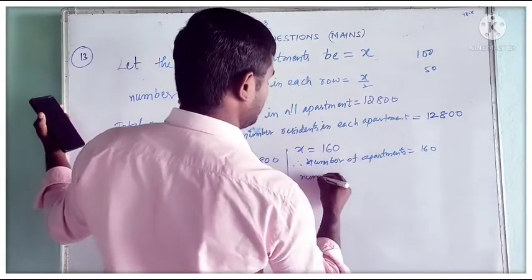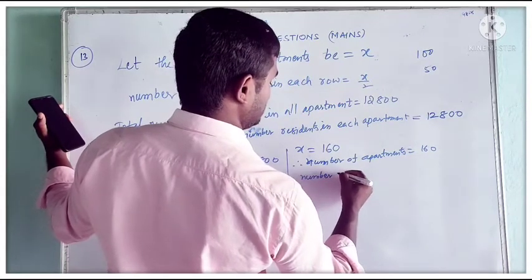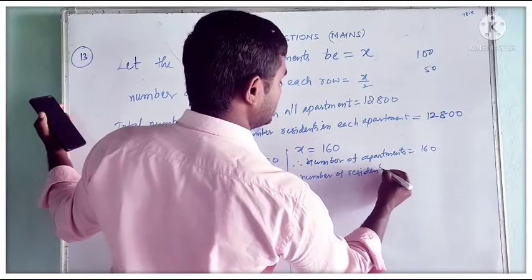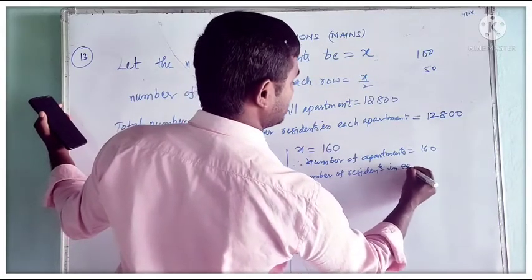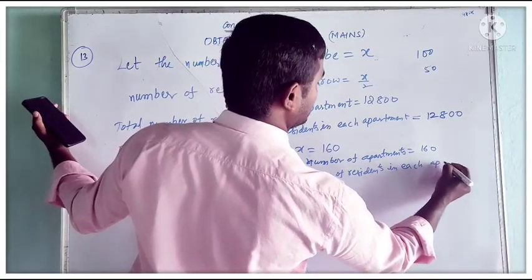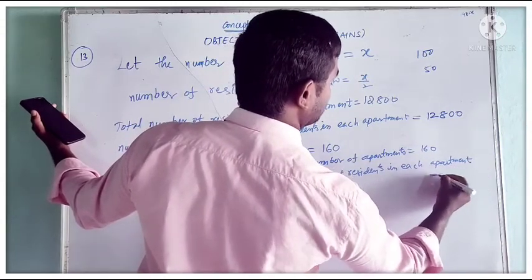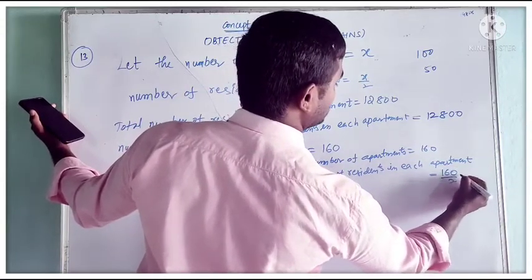Number of residents in each apartment is equal to 160 by 2, which is equal to 80.